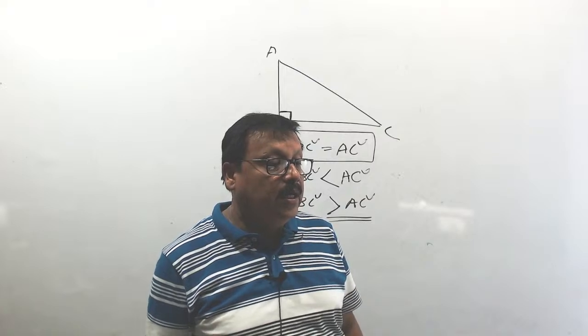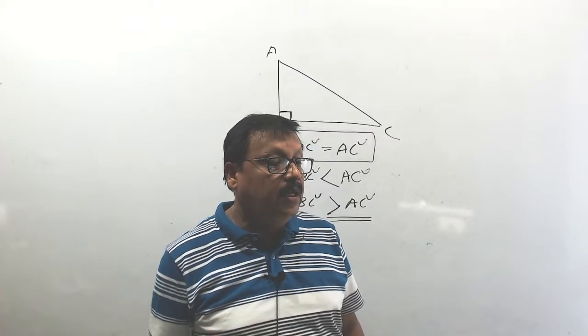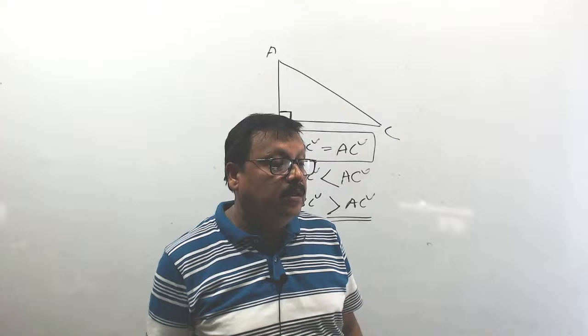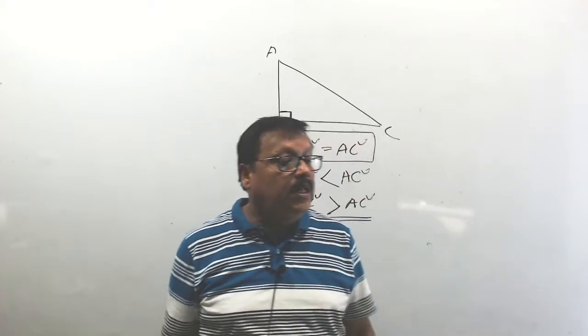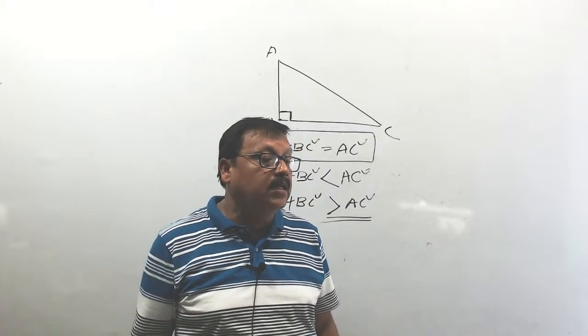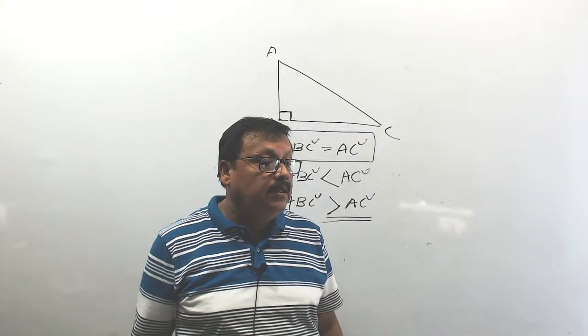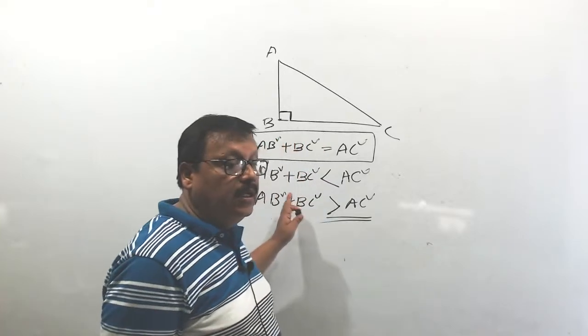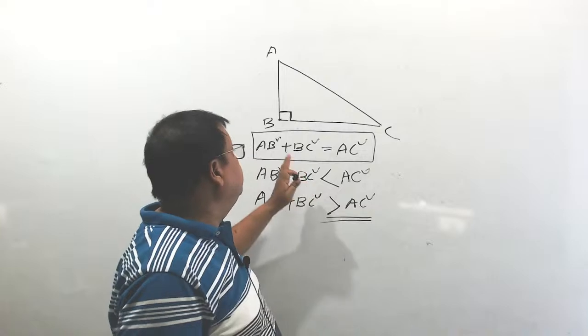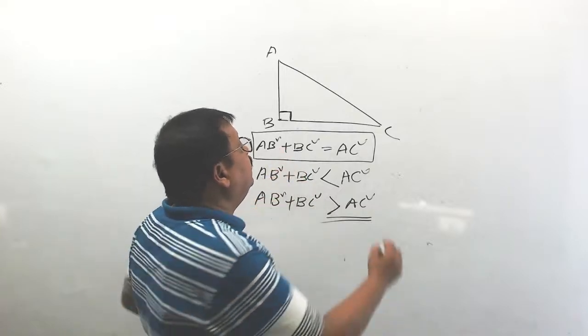Hypotenuse can only be in a right angle triangle, not in others. Yes, hypotenuse only in a right angle triangle. Yes, Srikumar. If a square plus b square equals c square, that means yes, it is the property for a right angle.